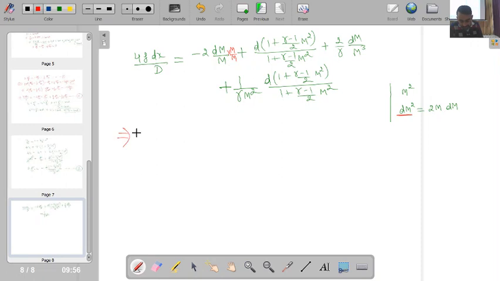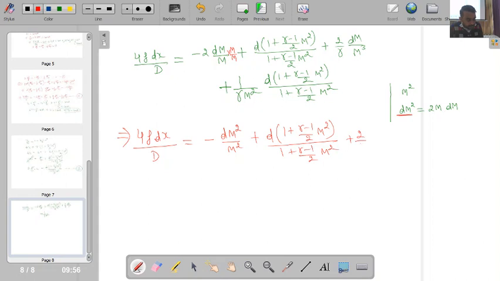If I invoke this assumption, then with this mathematical manipulation I will get 4f dx by D equal to minus of d M square divided by M square plus d of (1 + (gamma minus 1)/2 M square) plus 2 by gamma into dM by M cube and plus 1 by gamma M square into d of (1 + (gamma minus 1)/2 M square) divided by 1 + (gamma minus 1)/2 M square.